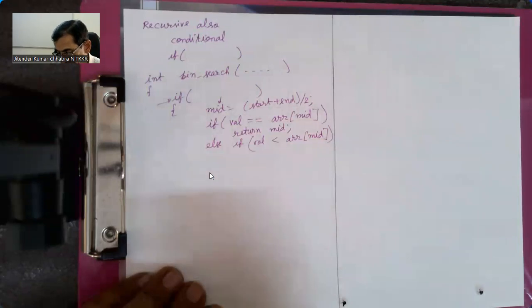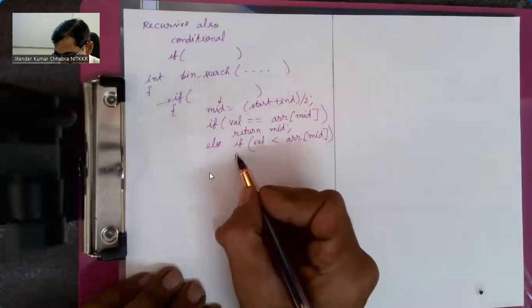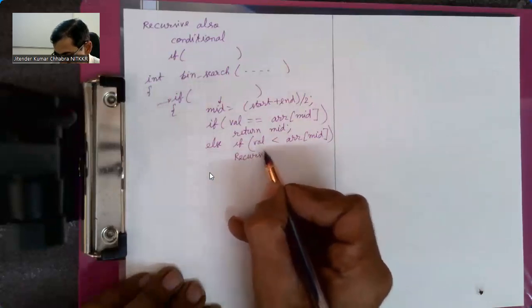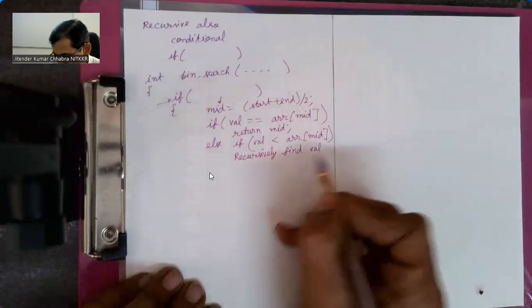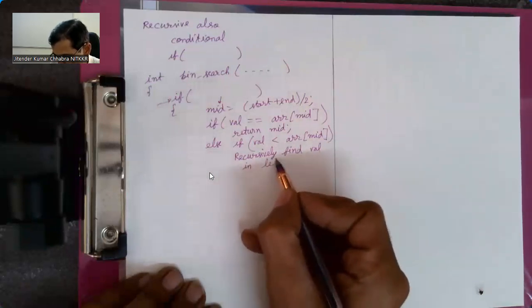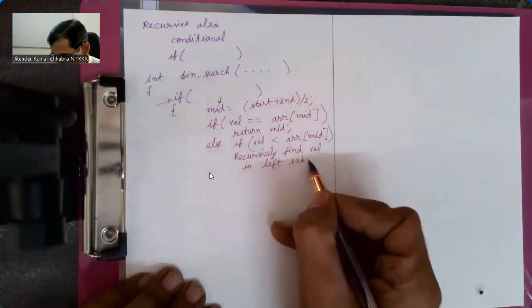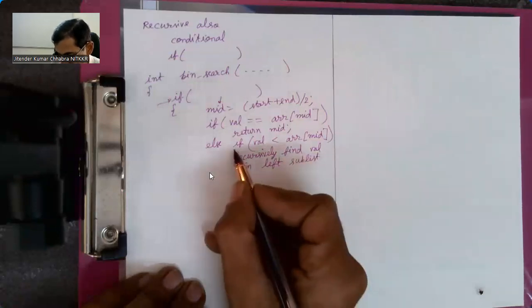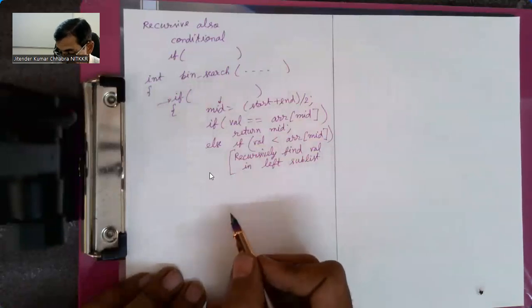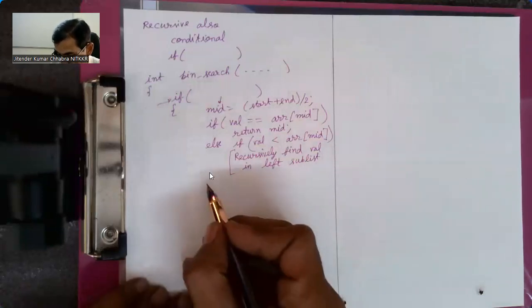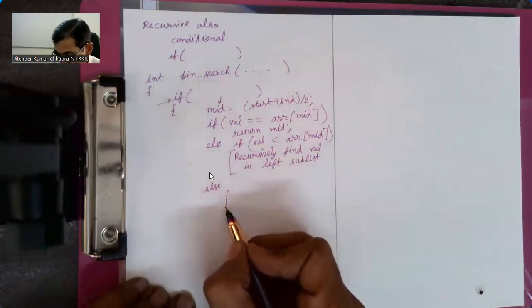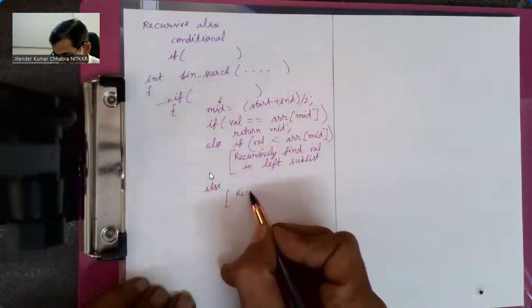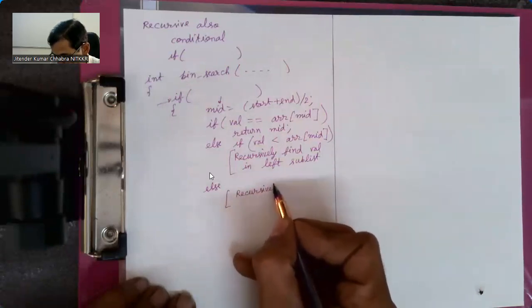I say recursively find val in the left sublist. I'm intentionally not writing the code or the syntax because I have one important point to make. And else I will say, accordingly, recursively find val in the right sublist.